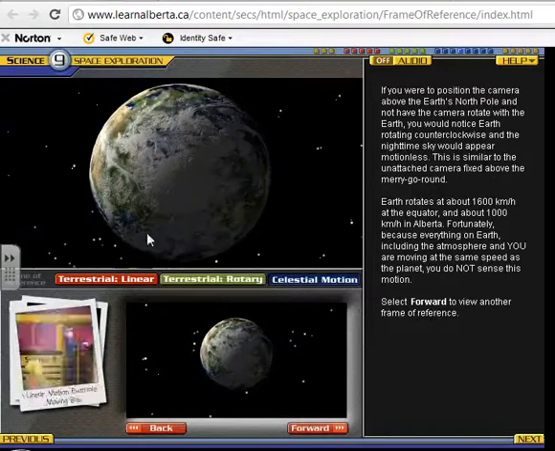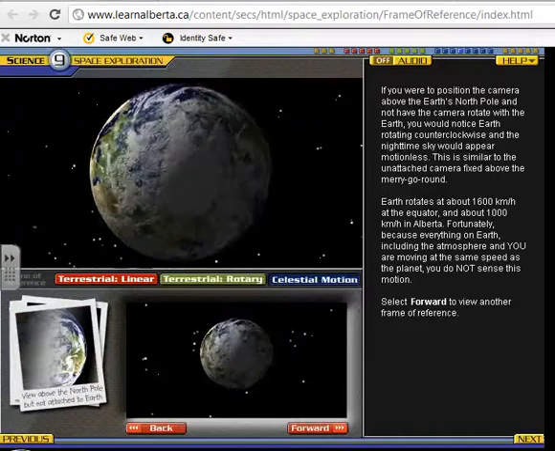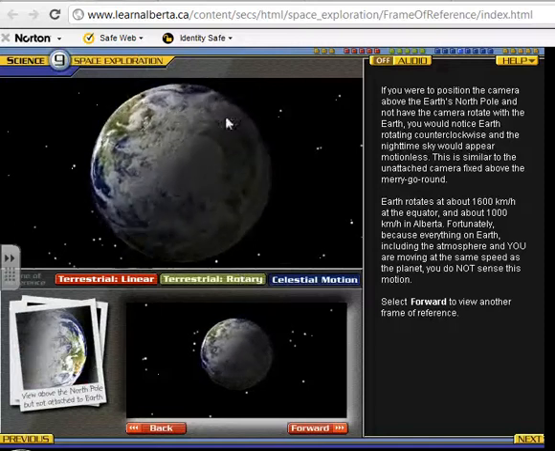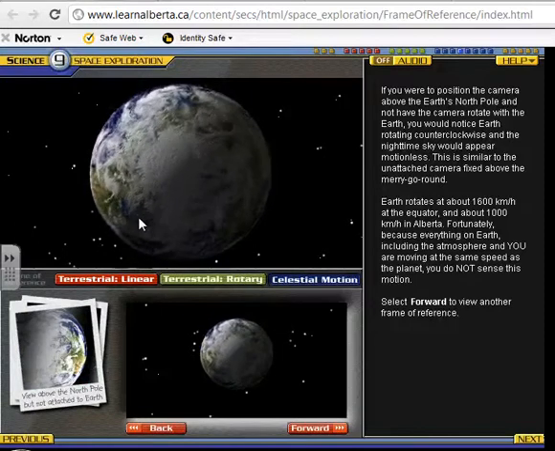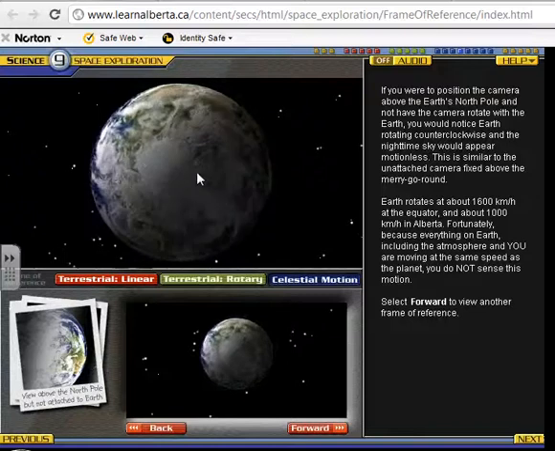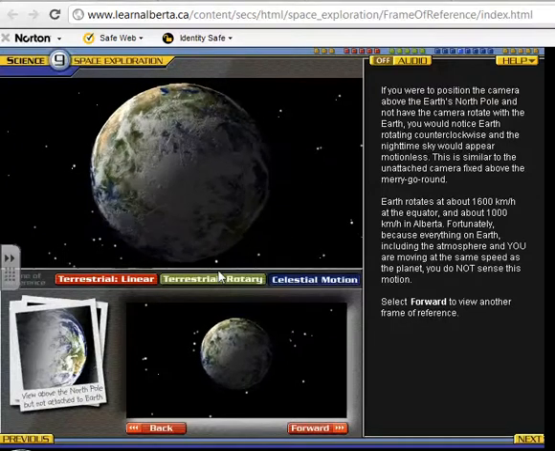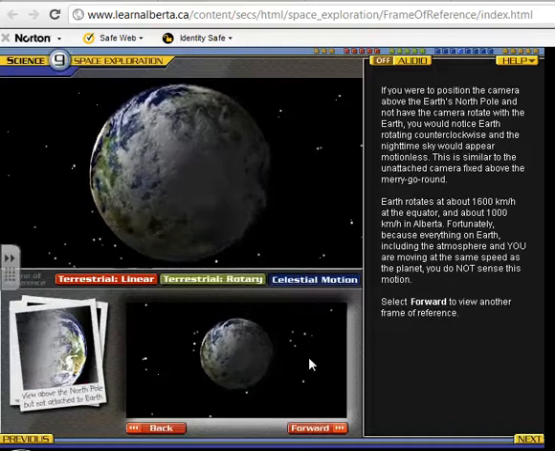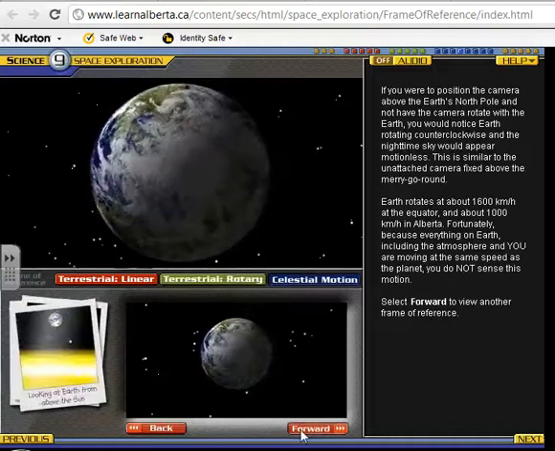And you can see very clearly that all of the stars are staying still and the Earth is what is rotating. But if you're a person standing right here, what do you see? You see all the stars moving past you. This is why initial models of the universe had the Earth at the center.